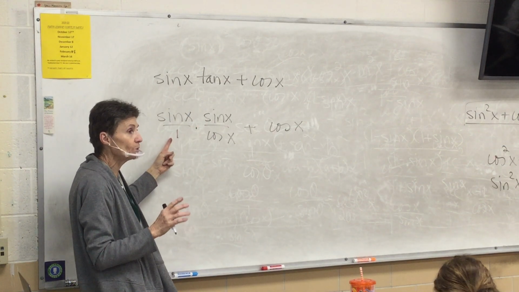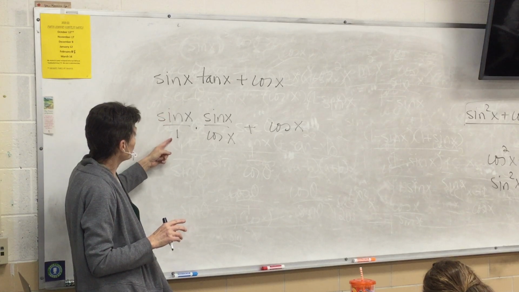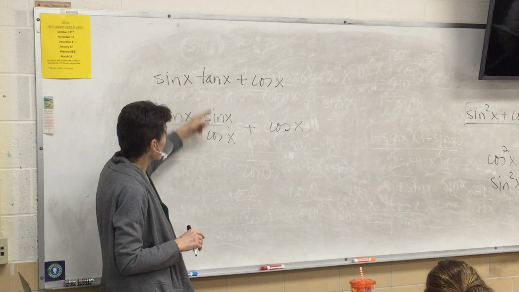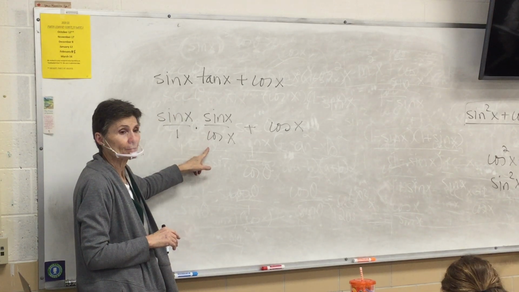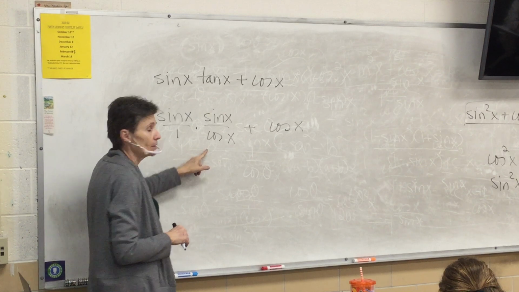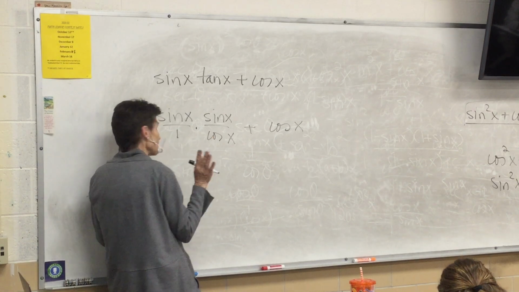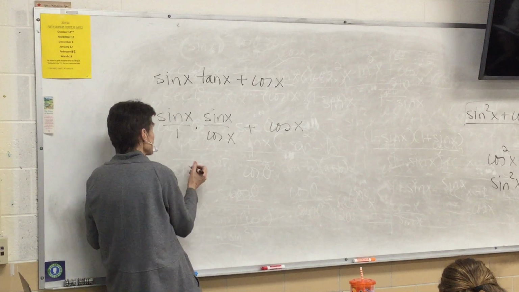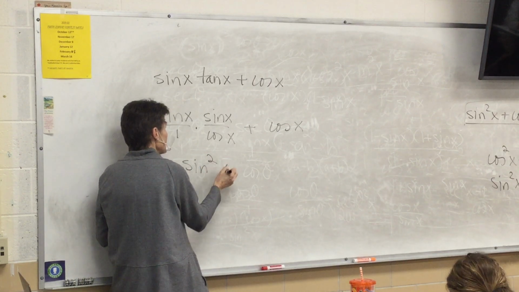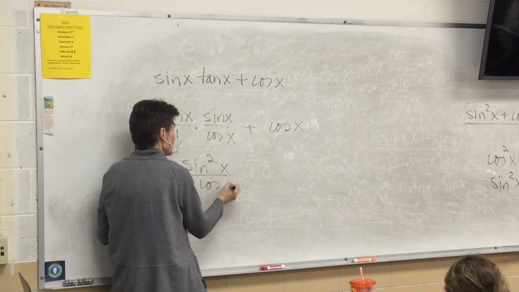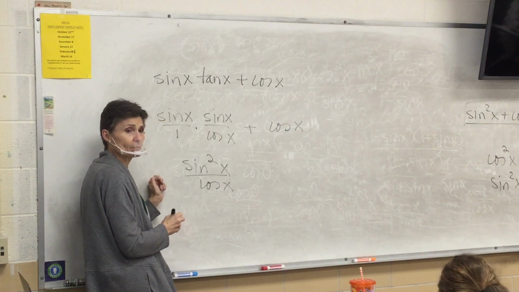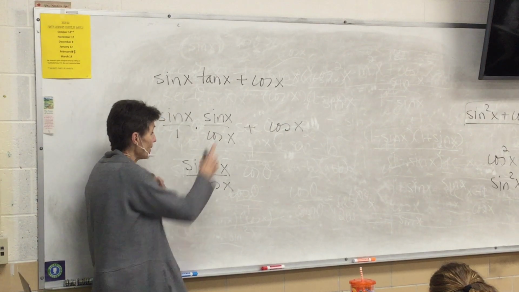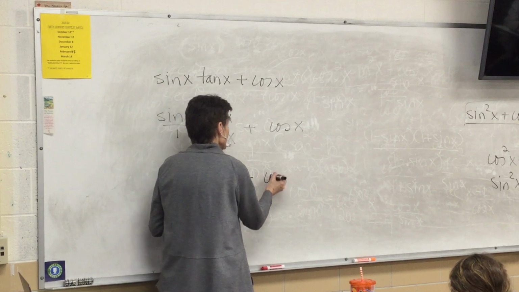Sine is sine over 1, tangent is sine over cosine. When I multiply these, nothing cancels. I get sine squared over cosine. Would you agree with that? And that's still plus cosine.